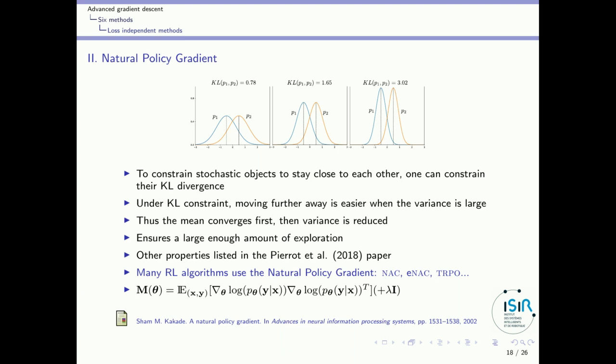And this time I won't give you the mathematical calculation, but the expression of the matrix is this particular way. And we can also add some damping term if this matrix is not positive definite.